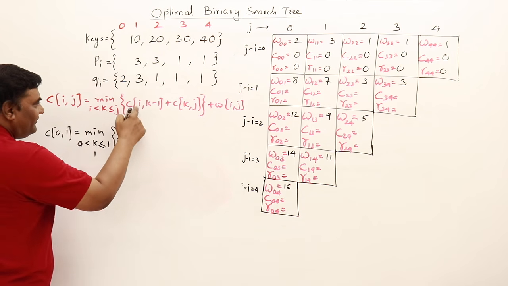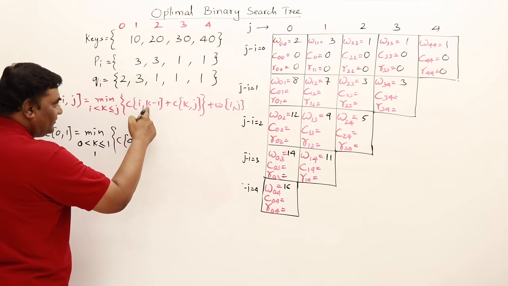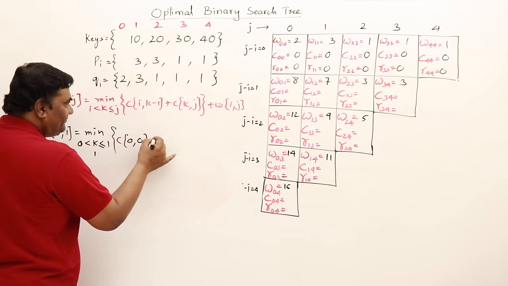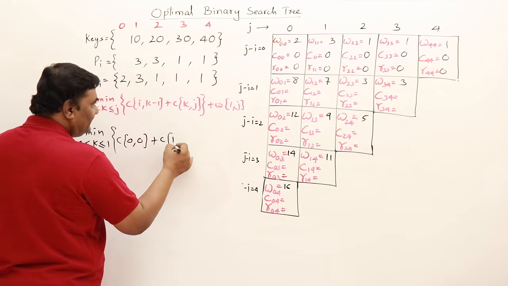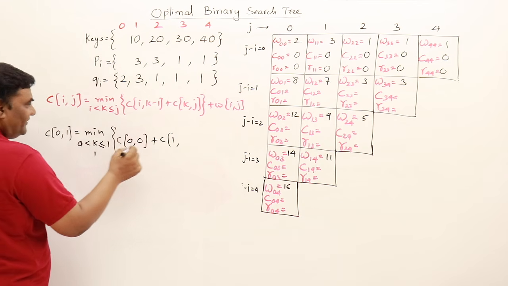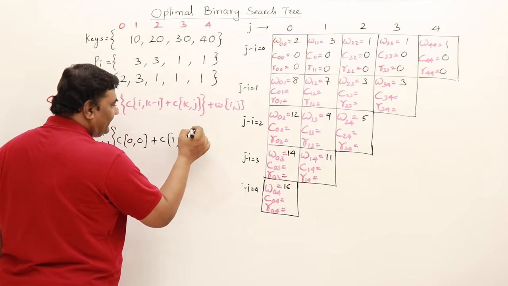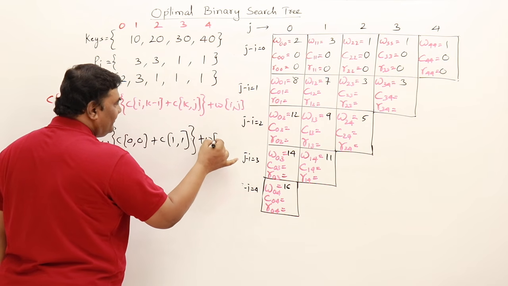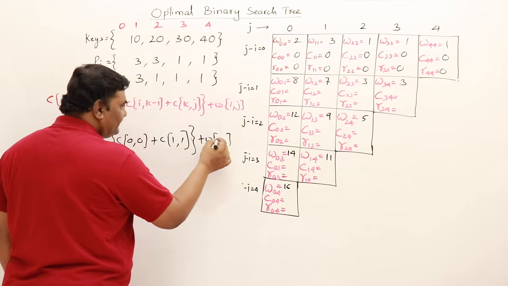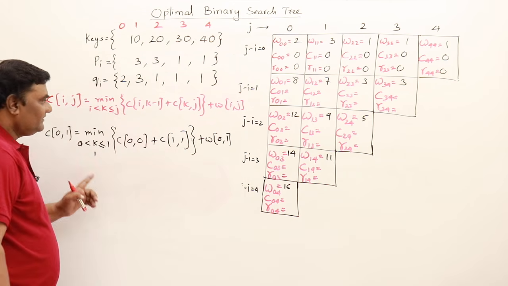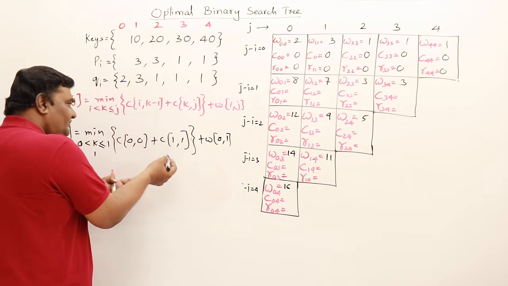So this will be C of i, which is 0, and k is 1, so 1 minus 1 is 0, plus C of k, which is 1, to j, which is 1. Plus, outside the bracket, W of i comma j, which is 0 comma 1. This is the formula we got. As there is only one value, that is the minimum value.